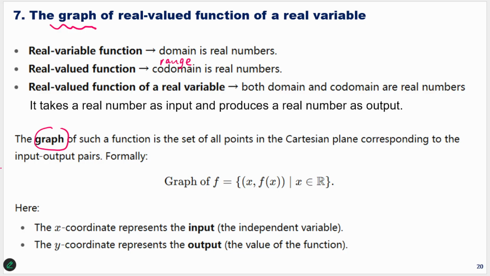So the graph of f is actually the set of all points whose x coordinate is x and y coordinate is f(x), for x belonging to the real number set. The x coordinate represents the input or the independent variable, and the y coordinate represents the output, which is the value of that function.